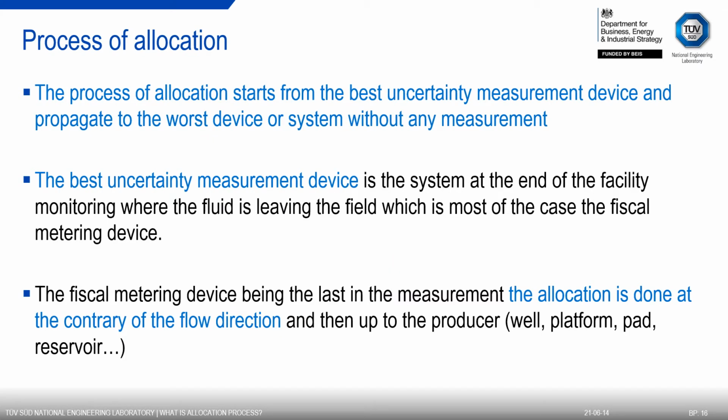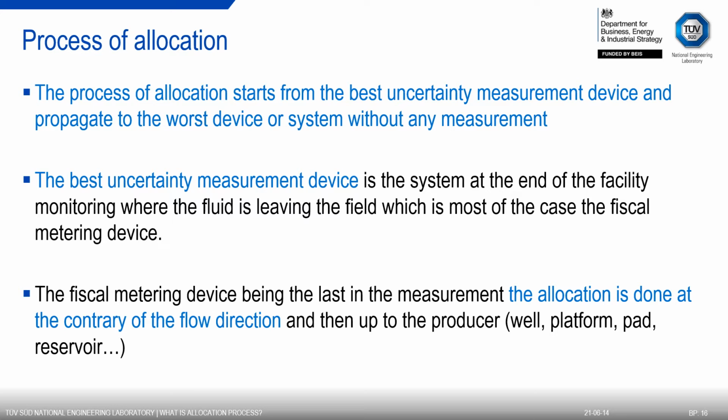The process of allocation is quite simple, maybe not intuitive at the beginning, but you will understand very quickly later why it goes this way. It goes from the best uncertainty measurement, and you propagate this uncertainty to the worst devices or systems that you have in your development scheme.